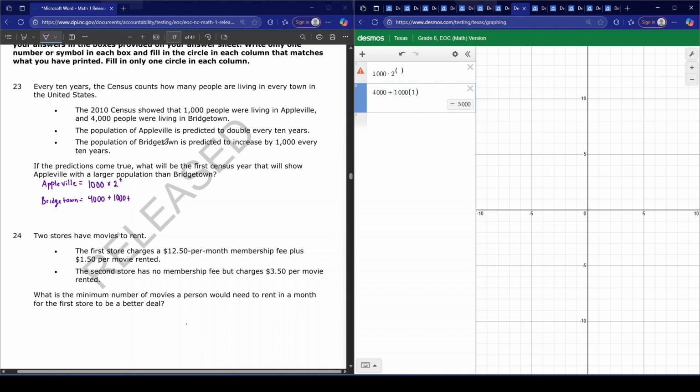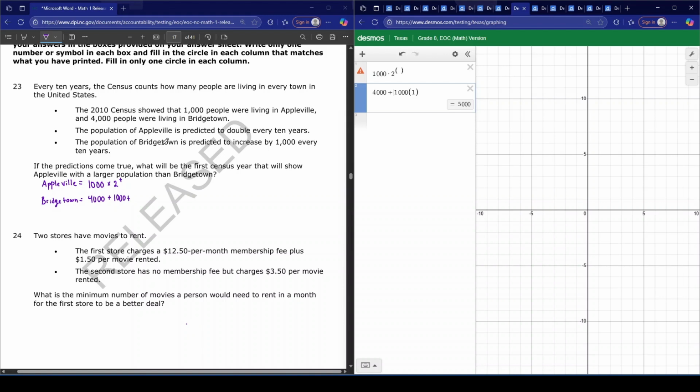Question 23. Every 10 years, the census counts how many people are living in every town in the United States. The 2010 census showed that 1,000 people were living in Appleville and 4,000 people were living in Bridgetown. The population of Appleville is predicted to double every 10 years. The population of Bridgetown is predicted to increase by 1,000 every 10 years. If the predictions come true, what will be the first census year that will show Appleville with a larger population than Bridgetown?